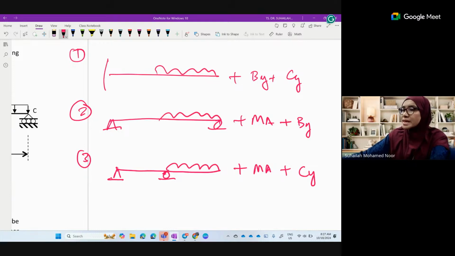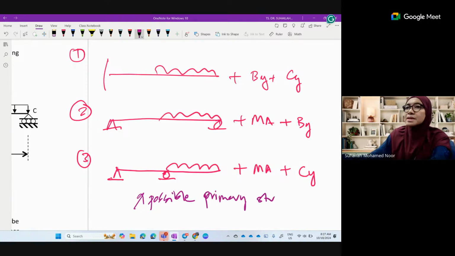So for 2 redundant, all these primary structures we call possible primary structures, or primary beams. There are three possibilities. Number one, a cantilever beam, with redundants BY and CY.